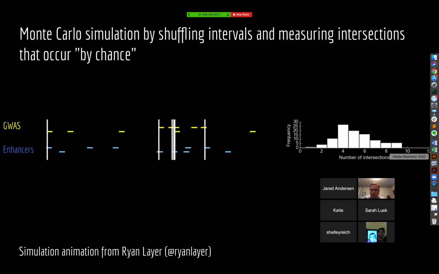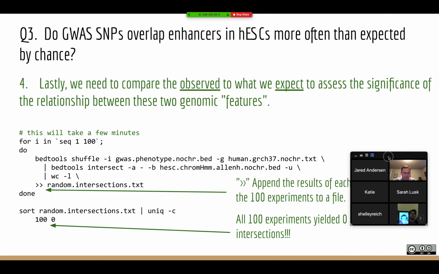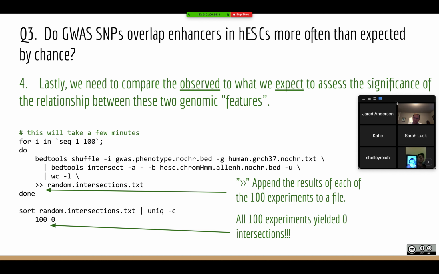Okay. Let's see if I can make this work. What I did here, we're not going to run this. You can run this on your own if you'd like. I want to walk through what we're doing though. The distribution that I made on the previous slide did 100 simulations, 100 shuffles.